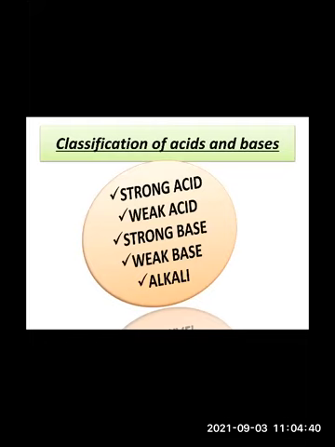So in this way, how can we classify acids and bases? Into mainly 5 types: strong acid, weak acid, strong base, weak base, and alkali. I hope all of you understood this classification of acids and bases very well. If yes, give me a thumbs up in the chat box.